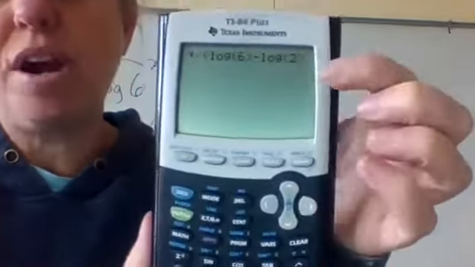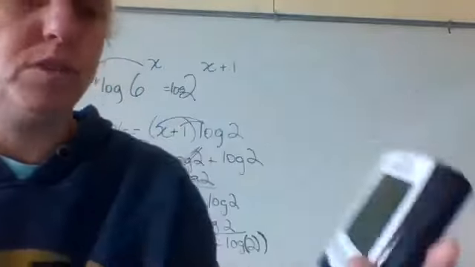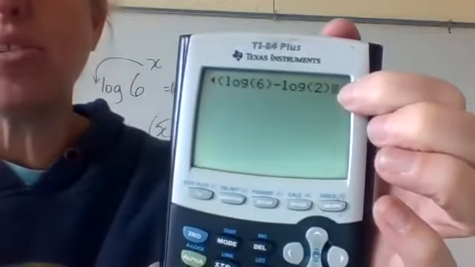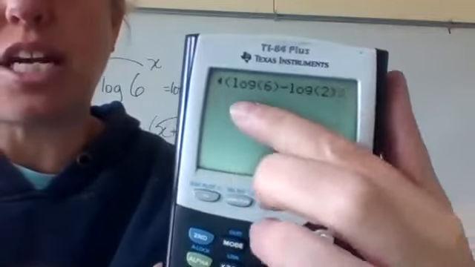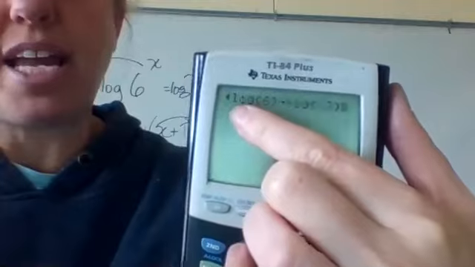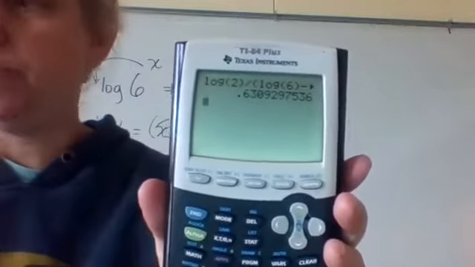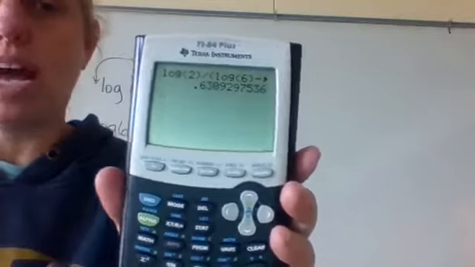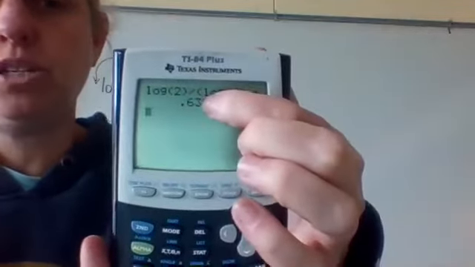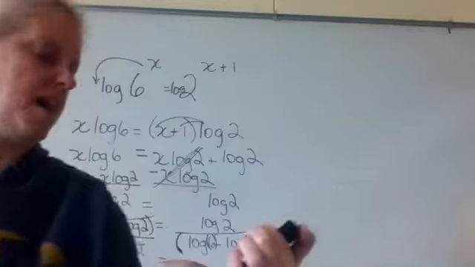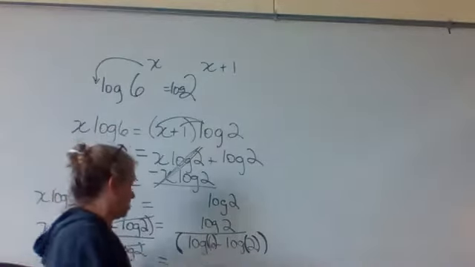Again, it gave me an open around the 2, so I've got to close it. Now I also need another closed parenthesis to close out this open right here. So you need 2 closed parentheses there, and then hit enter and round it to 4 decimals. 1, 2, 3, 4. Since that's a 2, you don't need to round up to 9, so 0.6309.